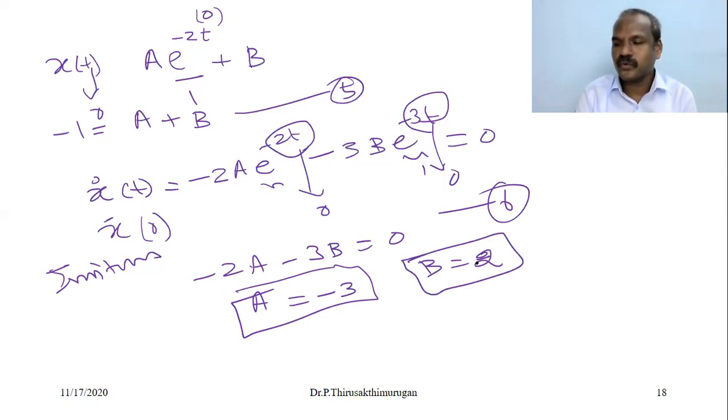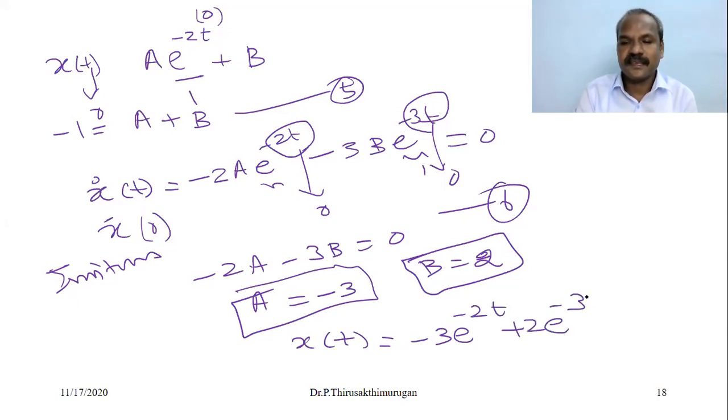B is 2. So the solution of the equation of motion is x of t equals minus 3 e power minus 2t plus 2 e power minus 3t. Good.